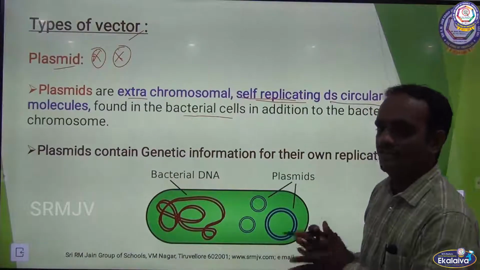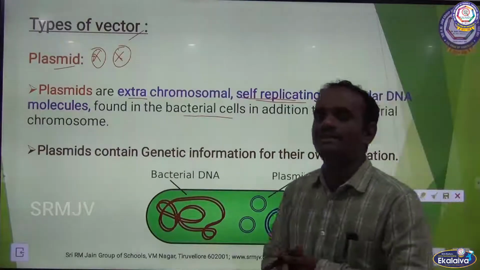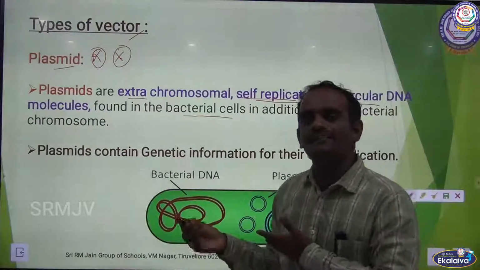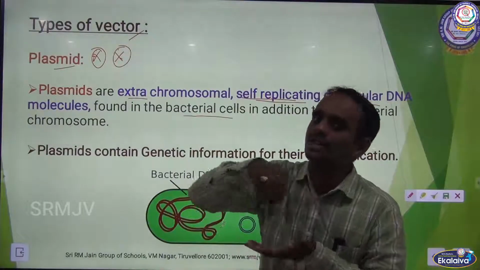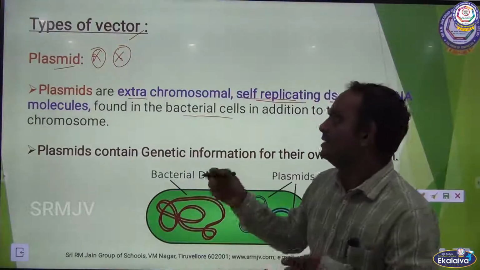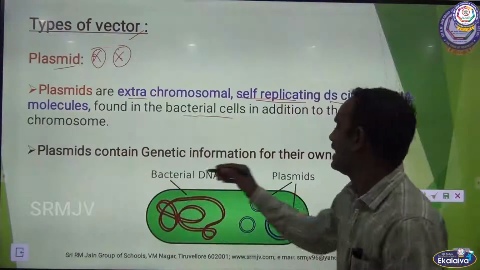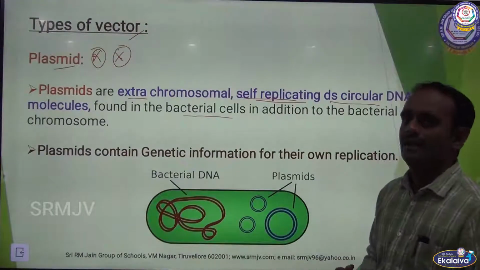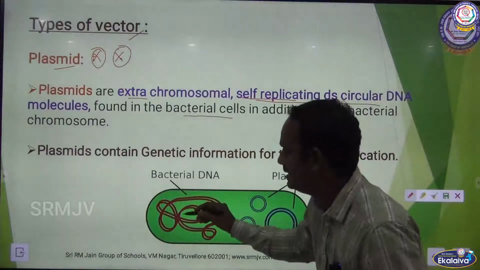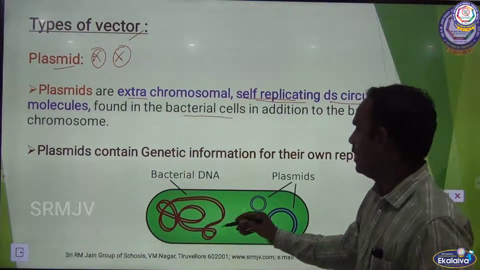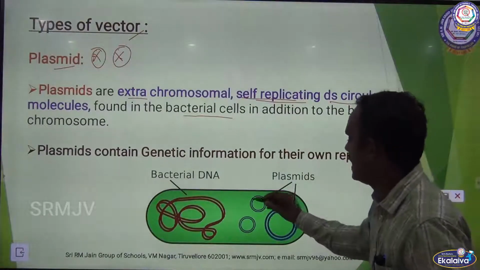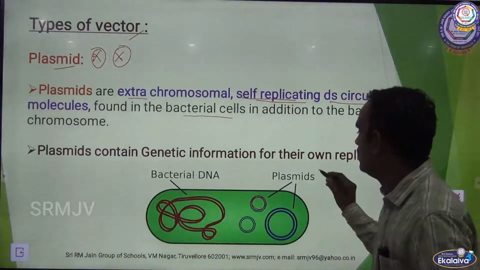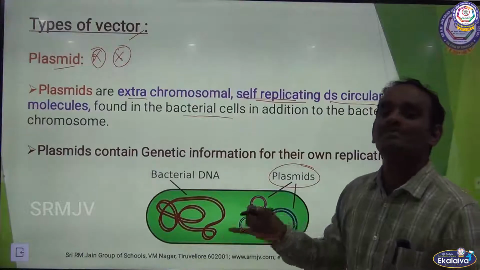Clear? Once again I am repeating the same. Plasmids are extra chromosomal, self-replicating double stranded circular DNA molecules which are found inside the bacterial cell. See here, children, this is a bacterial cell. Bacteria contain the bacterial DNA, and along with that a double stranded circular self-replicating DNA, that is called, the very famous one, plasmid.